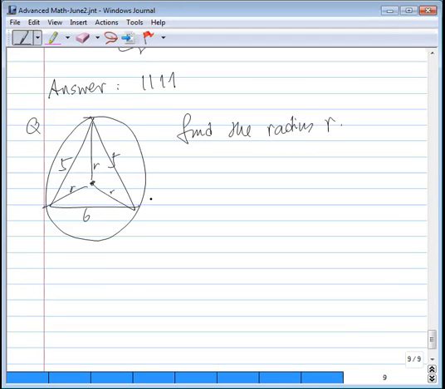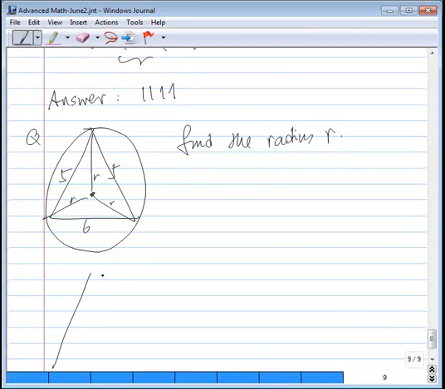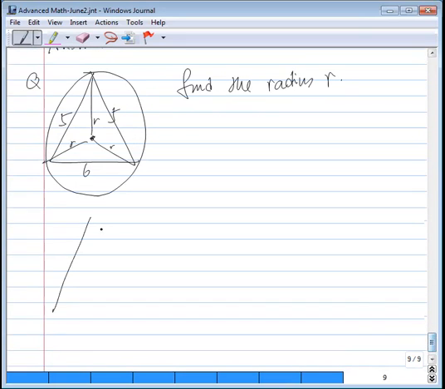What is the next step? I have to use the 3 sides information, right? I know that this triangle is an isosceles triangle. Here's 5, 5, 6.